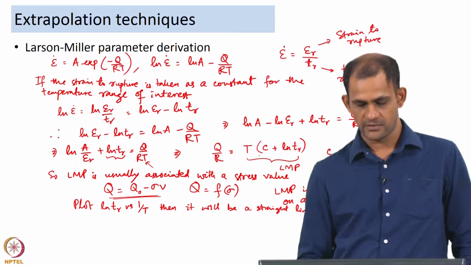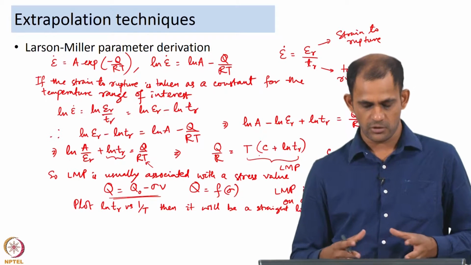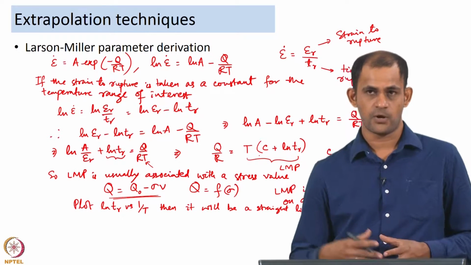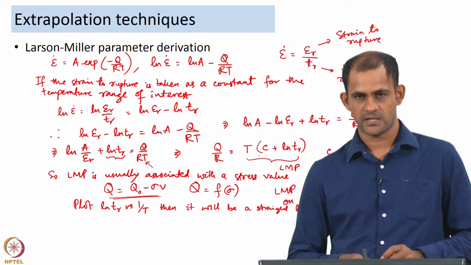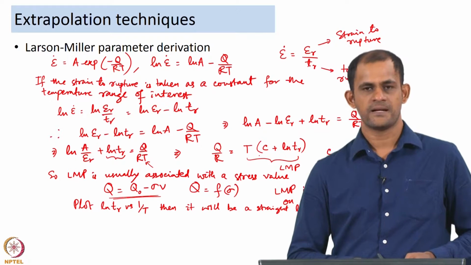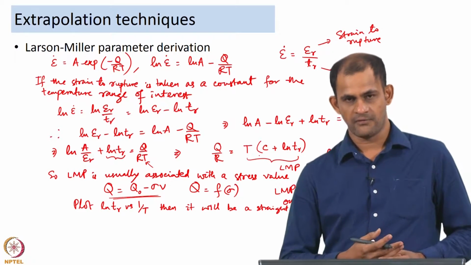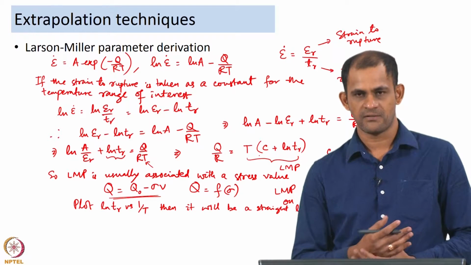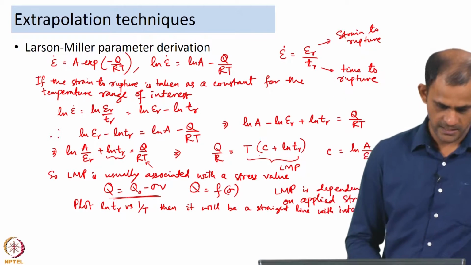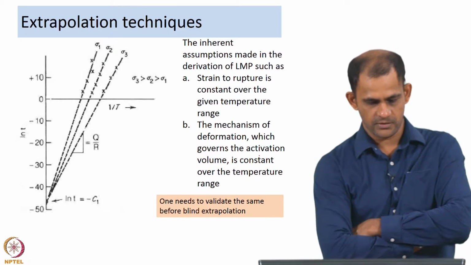For determining the value of the constant C, you can take the natural logarithm of the rupture time and plot it against the inverse of temperature in Kelvin, and it will be a straight line. The intercept of the straight line is what will give you the constant C. That is what I am showing in this particular slide.